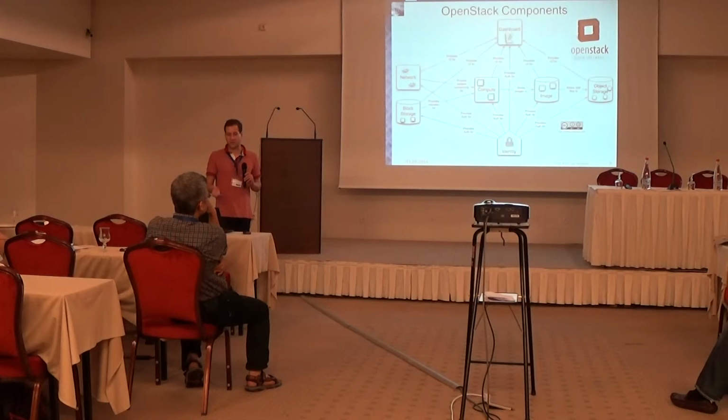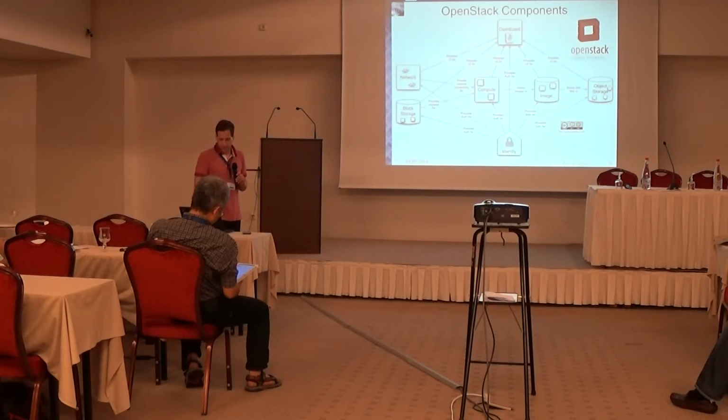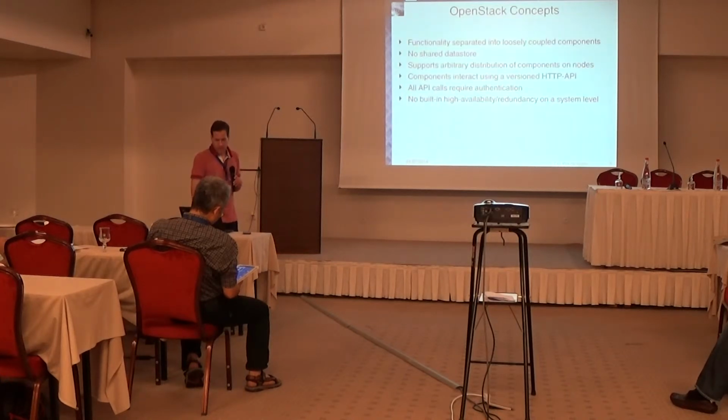It's very hard to configure because there's very quick development and you don't have any documentation. You don't really have automated setup tools, so it's not used a lot currently. I'm going to show you some more features of these individual components in the next slides, but first I want to tell you a little bit about the core concepts of OpenStack.